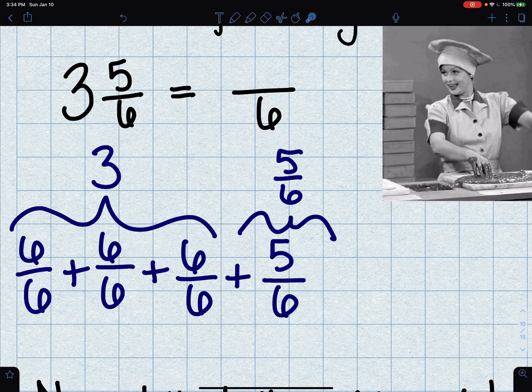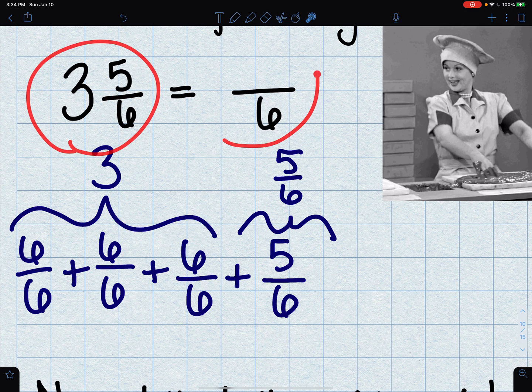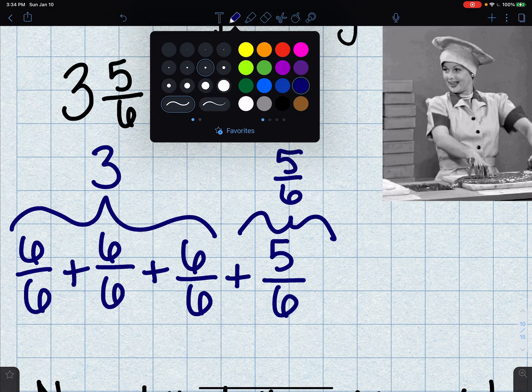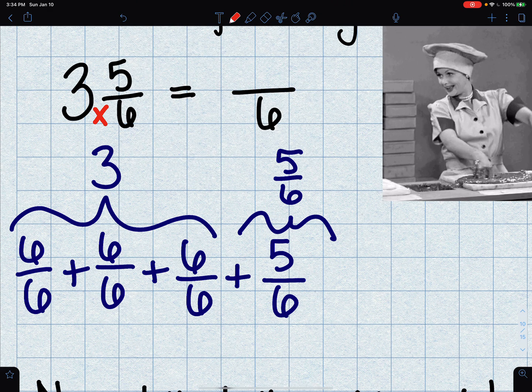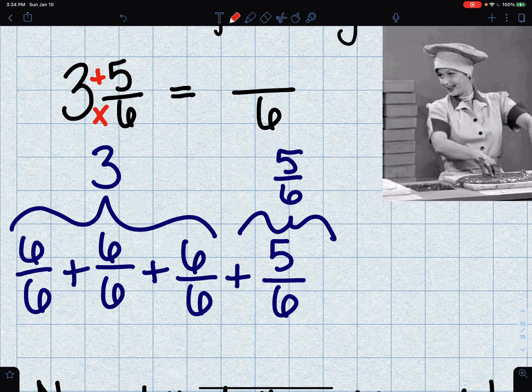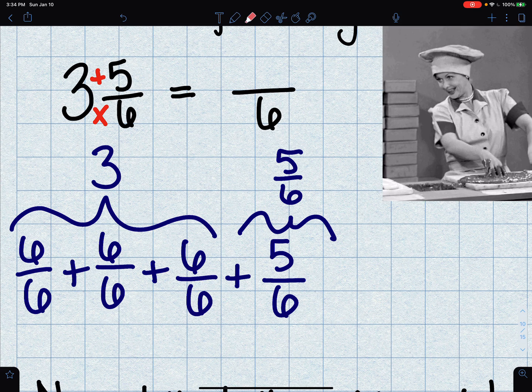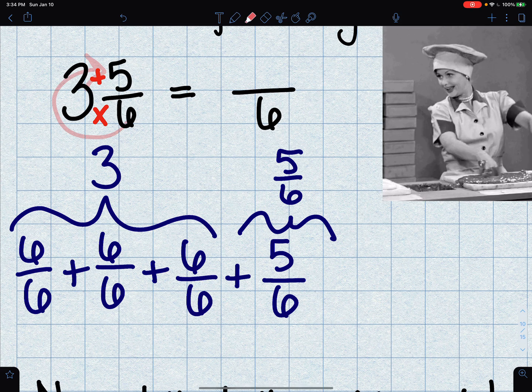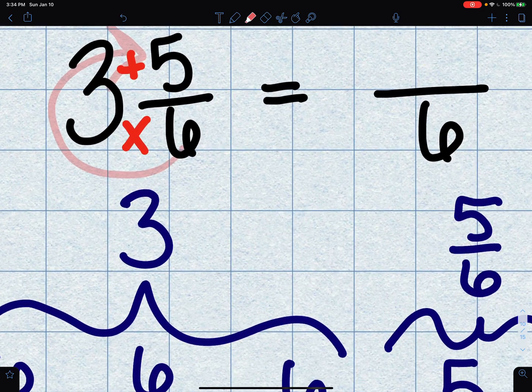So the way to turn a mixed number into an improper fraction is you multiply here and then you add here. And you're going to go around like this. So we're going to go 6 times 3 is 18 plus 5. 18 plus 5 is 23. And that's the improper fraction.